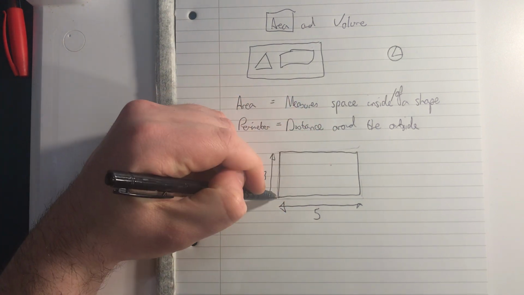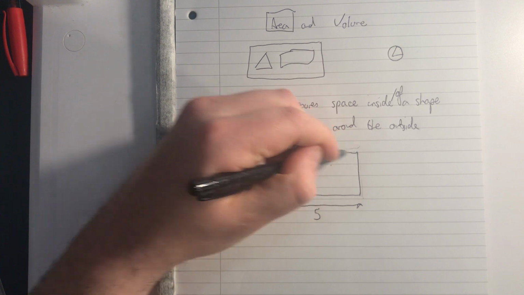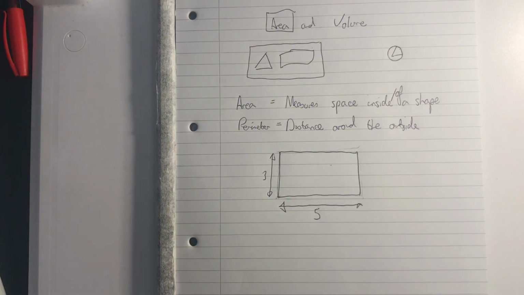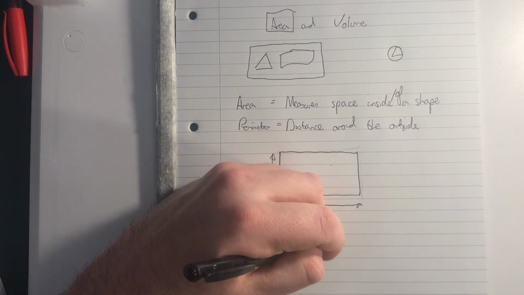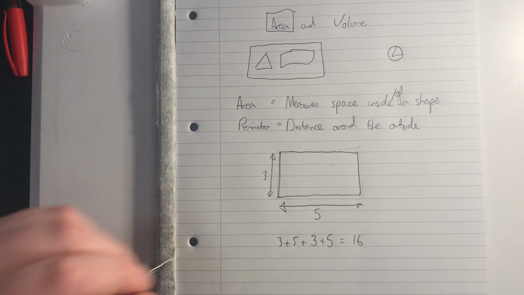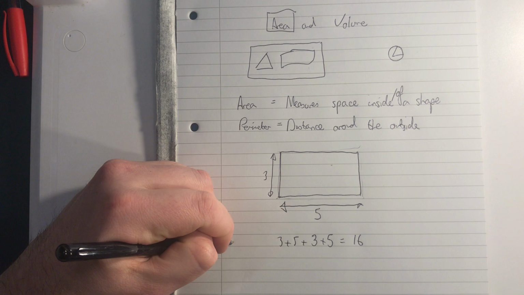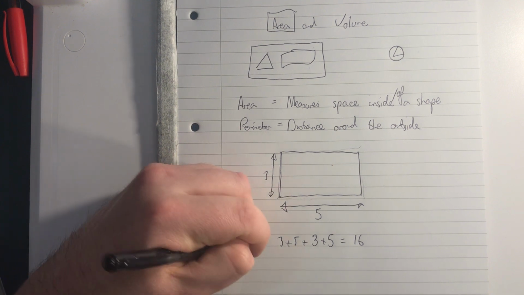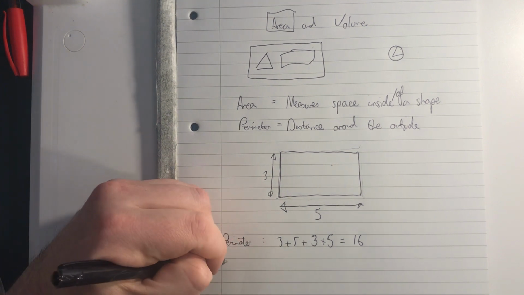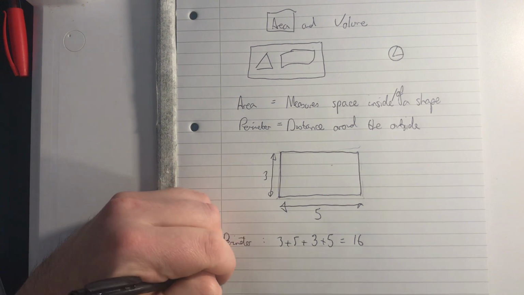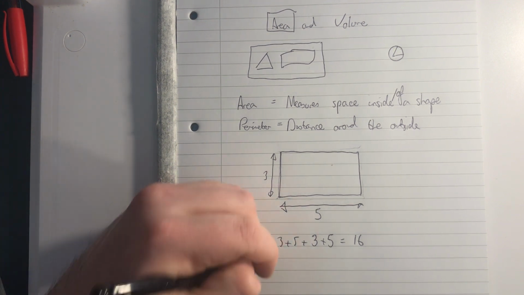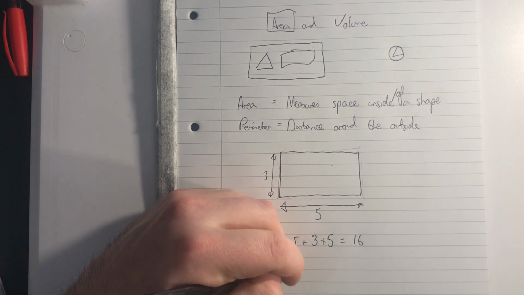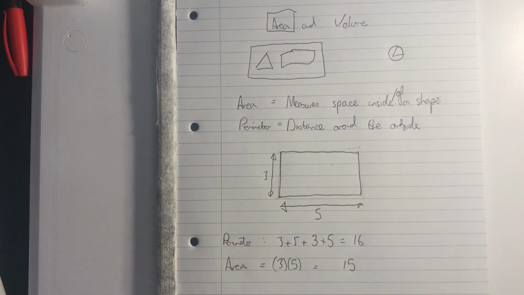So it's going to be 3 plus 5 plus another 3 plus another 5. So 3 plus 5 plus 3 plus 5 is equal to 16. So the perimeter of our rectangle is that. And our area is equal to 3 times 5, which is equal to 15.